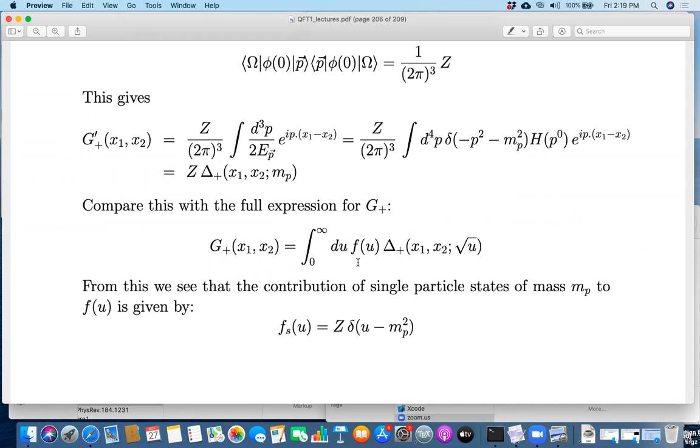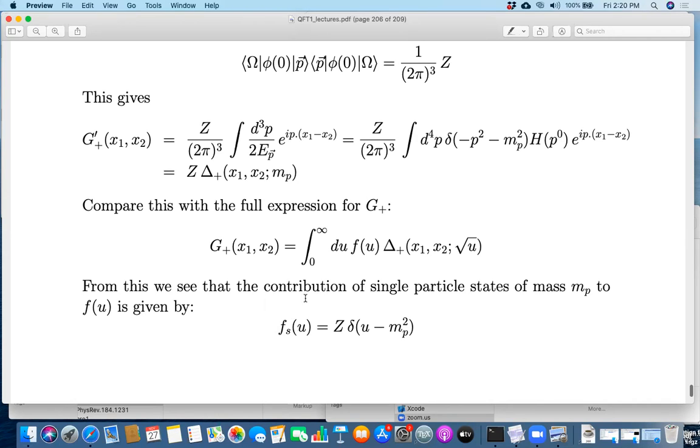So by comparing the two, we see that the contribution of the single particle state to f(u) can be written as simply Z times delta(u - m_p^2). Because you substitute Z times delta(u - m_p^2) here, you set u equal to m_p^2, so that you get back Delta_+(x1, x2; m_p), and of course the Z factor just multiplies it. So this equation for the single particle contribution to G_+ is equivalent to saying that single particles contribute to f the expression f_s(u), which is Z times delta(u - m_p^2).